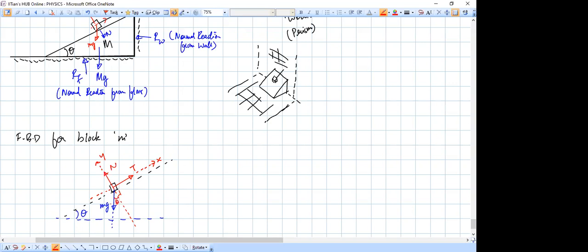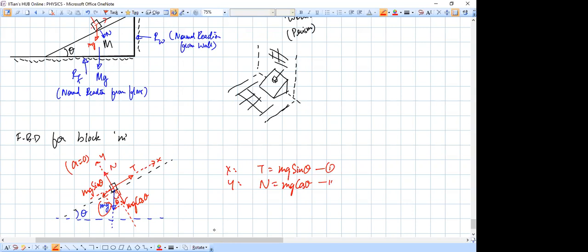When you resolve mg, like we discussed last time, this component of weight will become mg cos theta, and this component of weight will become mg sin theta, and the block is at rest. So along the x-axis, tension is balancing mg sin theta, and along the y-axis, normal reaction is balancing mg cos theta.